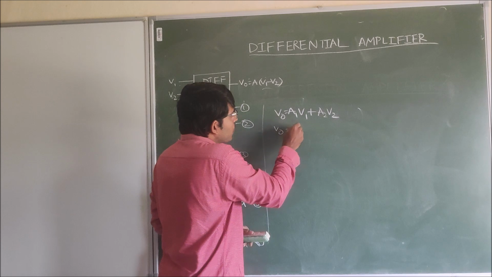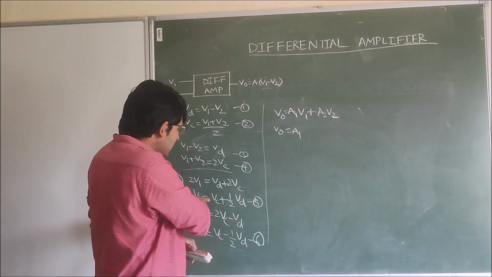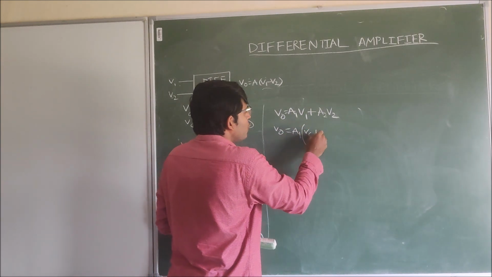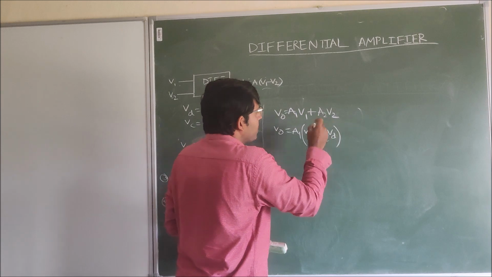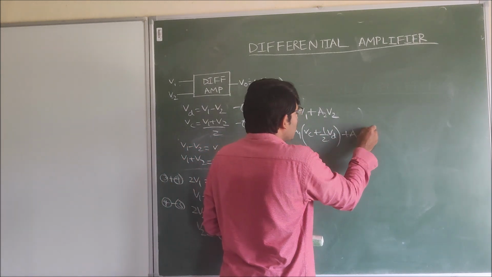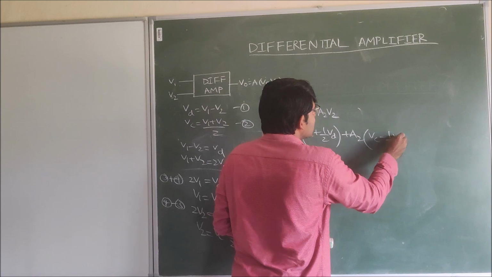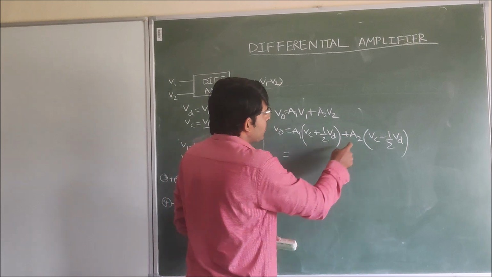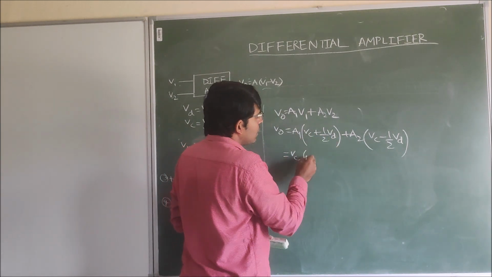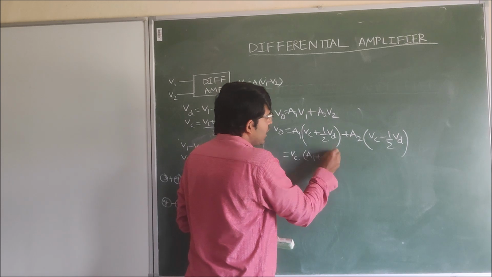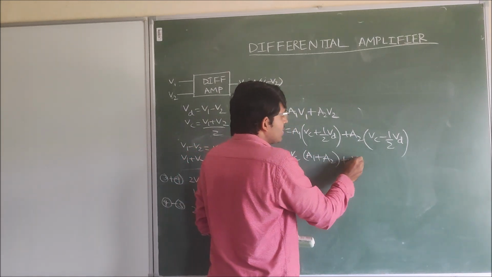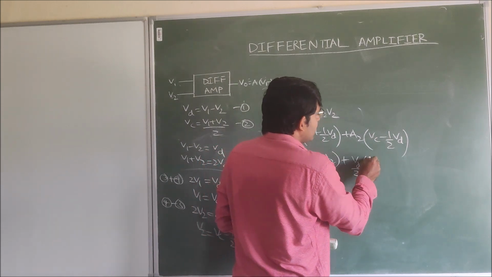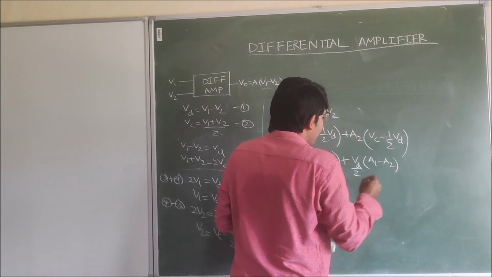Already we know from equation 5 that V1 is Vc plus half Vd, so the output is A1 into (Vc plus half Vd), and similarly A2 into (Vc minus half Vd). When I take Vc as common, this will be A1 plus A2, and when we take Vd by 2 as common, this is A1 minus A2.